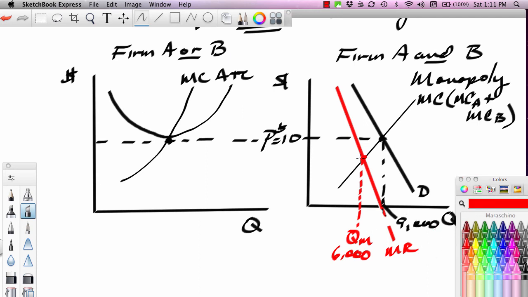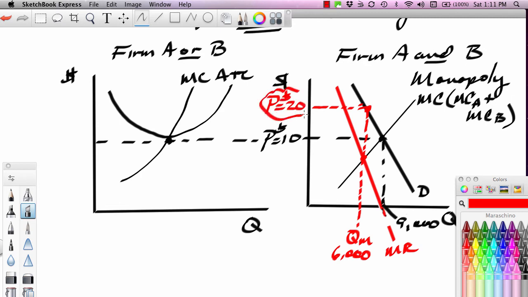Now we need to read up. Remember the monopoly model. The monopolist reads up to the demand curve to get the price that allows it to sell 6,000. So what effectively the firm has done, the two firms have combined into one firm, and the new firm wants to sell at 20.